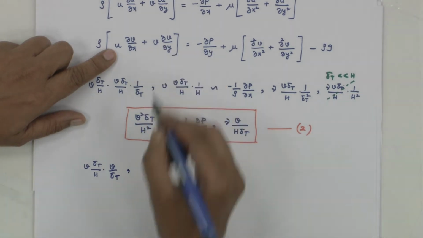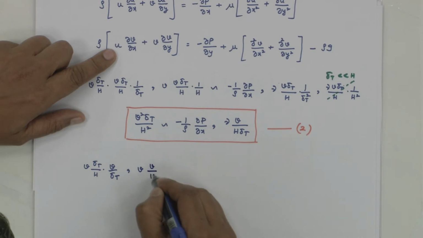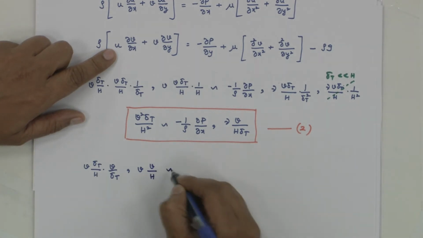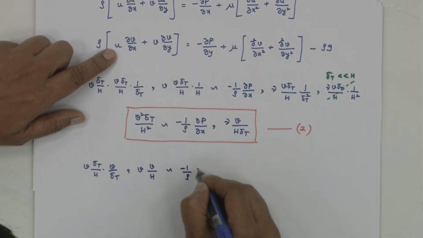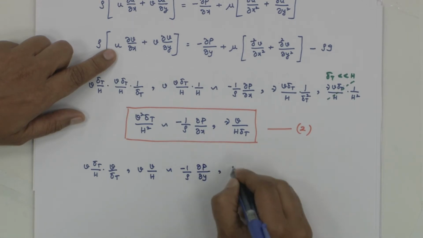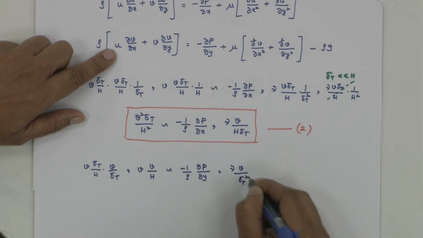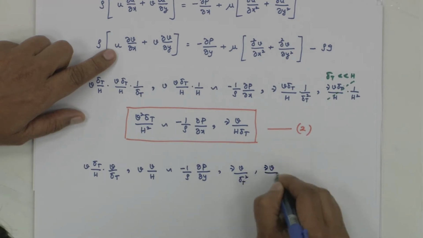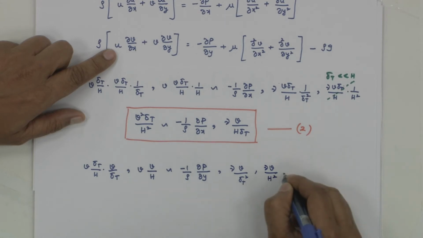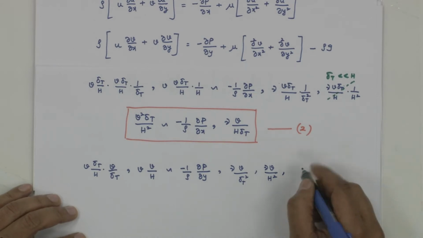Then v is as it is, and again v is as it is, and y is h. This is of the order of minus 1 by rho del p by del y, comma nu V by delta t squared, comma nu V by h squared, comma rho g.